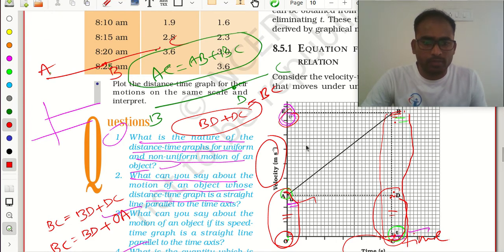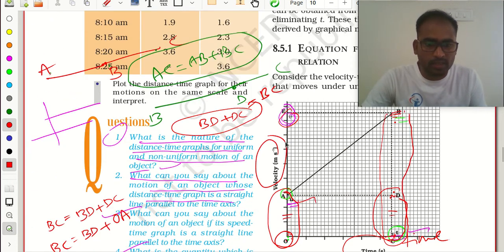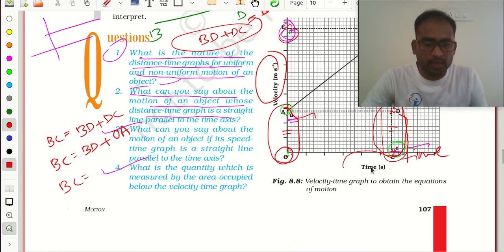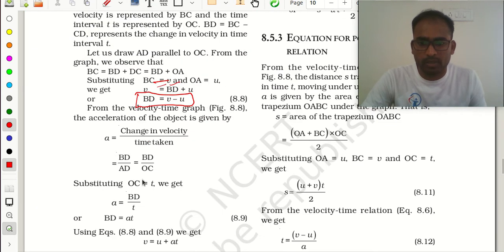Clear? So then acceleration, our change in velocity, can be written as BD upon the time taken, OC. That is BD by OC. So here BD can be written as A into T. So this BD I will substitute here itself.